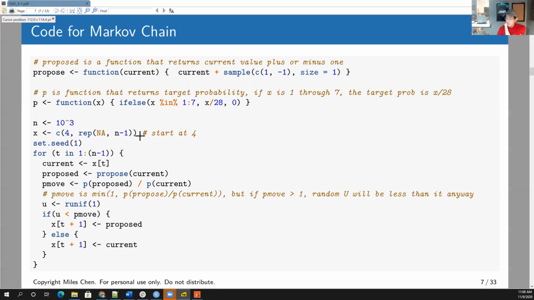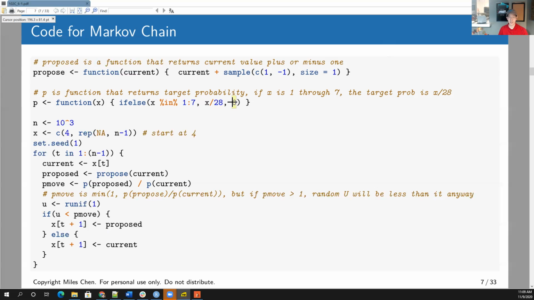Okay, and over here, we have a function that's going to return the target probability. It's going to return the target probability x over 28 if x is 1 through 7. So I have an if else. If x is one of the values 1 through 7, return x over 28, and for any other value, return 0.